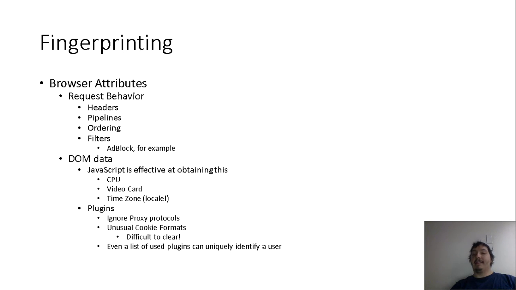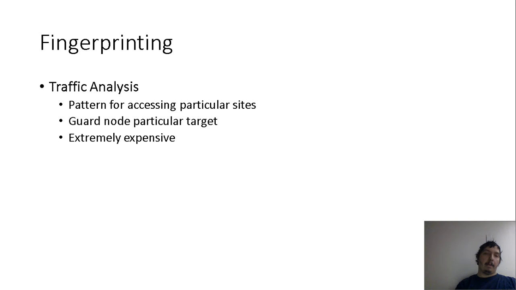And plugins can also have very unusual cookie formats that are not easily recognized, and so they're not easily cleared from your system. And as I just said, the list of the plugins you use can be enough to uniquely identify who you are, or if it's not, it can severely narrow down the number of possibilities that, hey, you're the guy that I'm looking for.